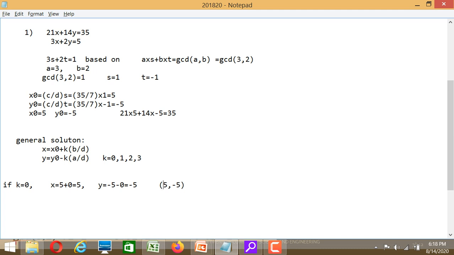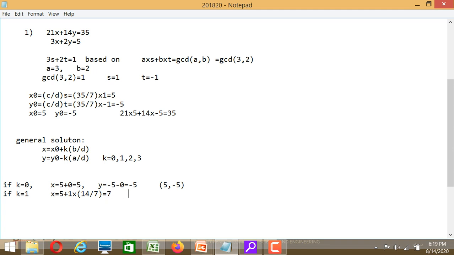Now if k is equal to 1, then x is equal to x naught means 5 plus k into, that means 1 into b by d. Here b is 14 and d is 7, 14 by 7 is 2, 5 plus 2 is equal to 7.